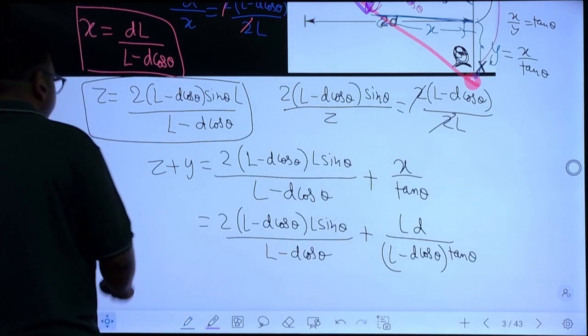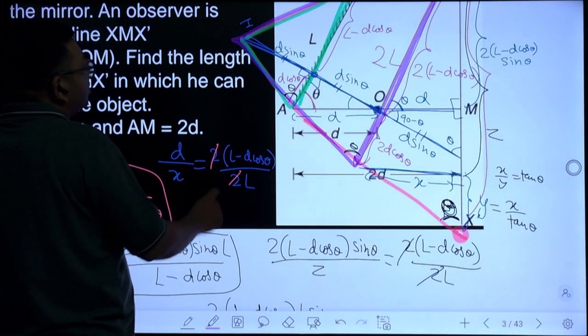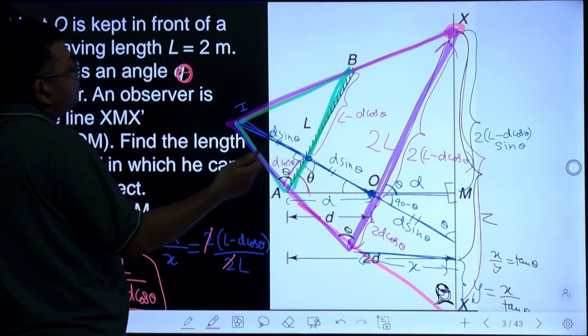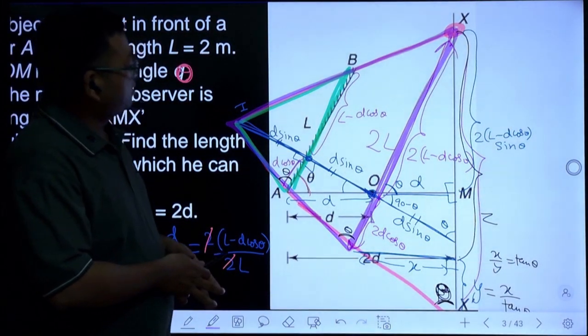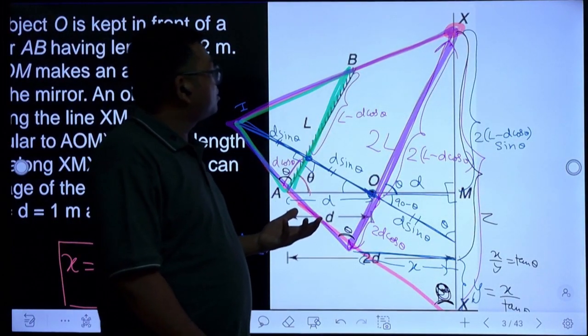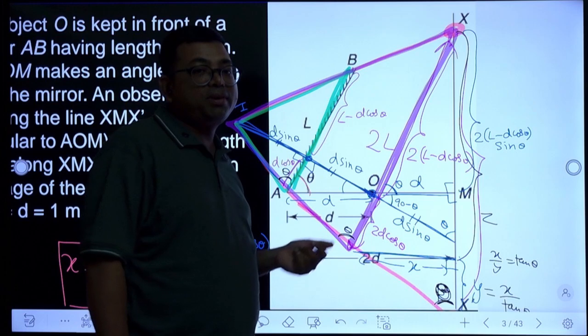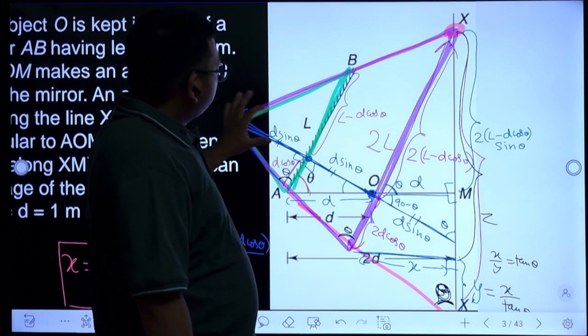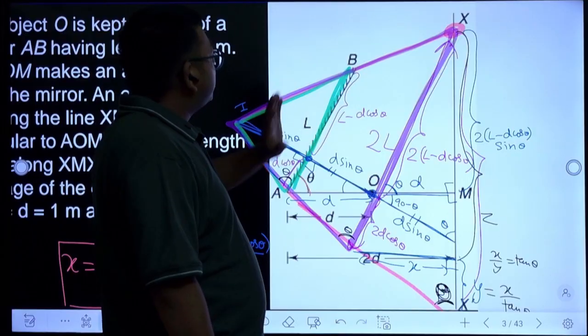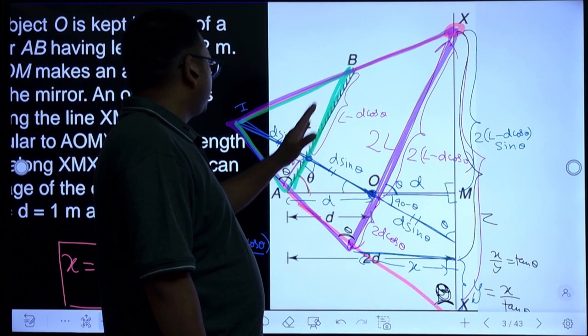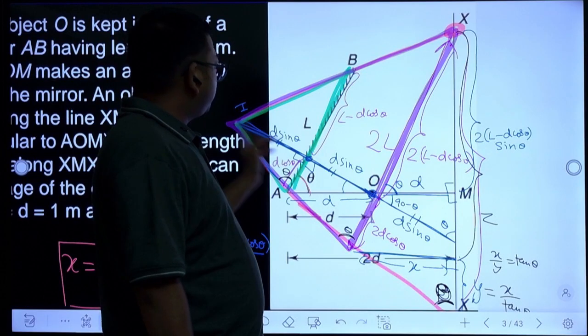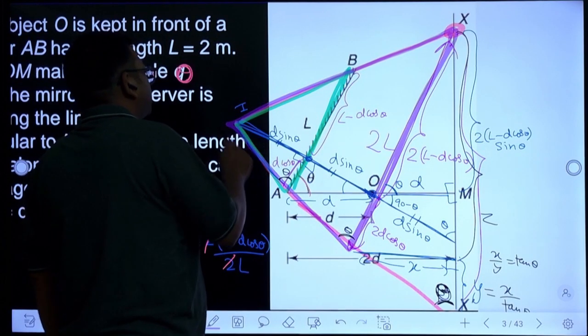What to do? Geometry calculations are long only. You need to see some triangles. Somehow, if you can do it, then it is better. If you think of something else, the similar triangle property is there. But we need to try to break it into similar triangles. Here, first of all, you have to form the image.